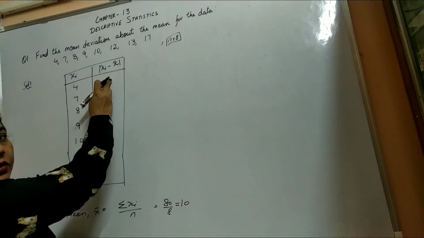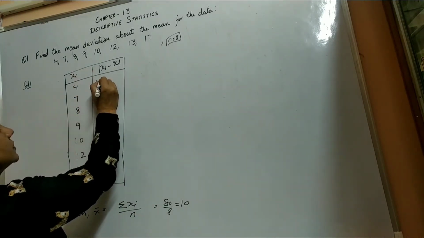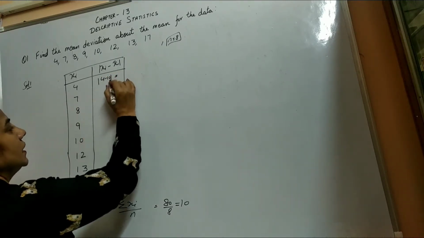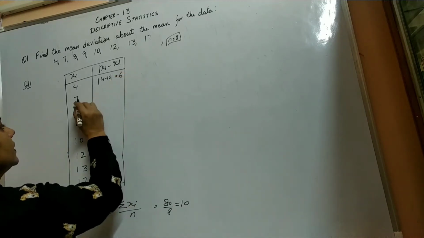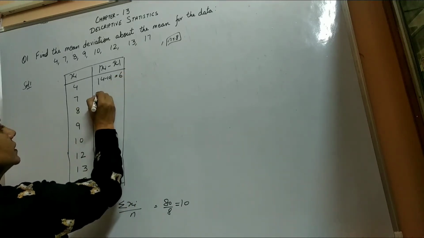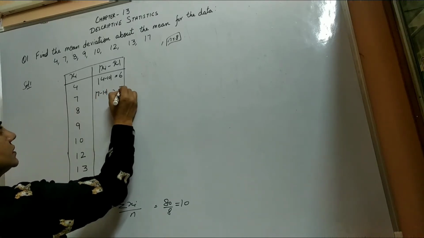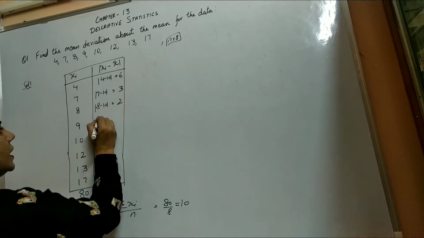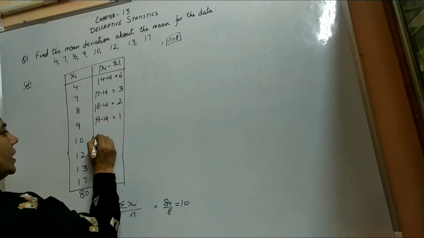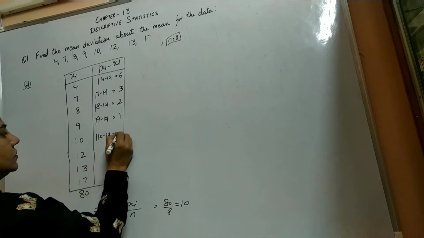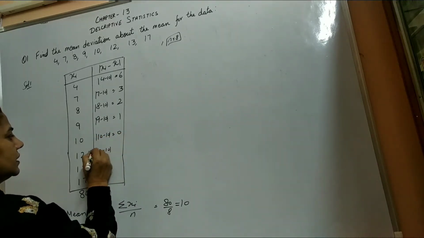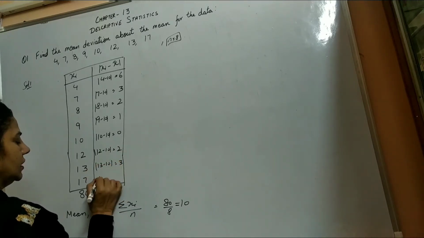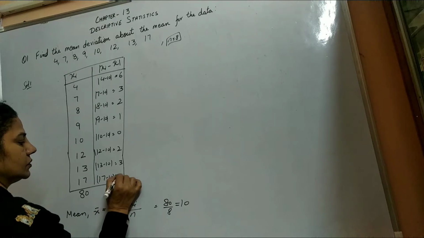Now mean deviation about mean means |4 minus 10|, absolute value, it will be 6. Similarly, 7 minus 10 is 3, 8 minus 10 is 2, 9 minus 10 is 1, 10 minus 10 is 0, 12 minus 10 is 2, 13 minus 10 is 3, 17 minus 10 is 7.